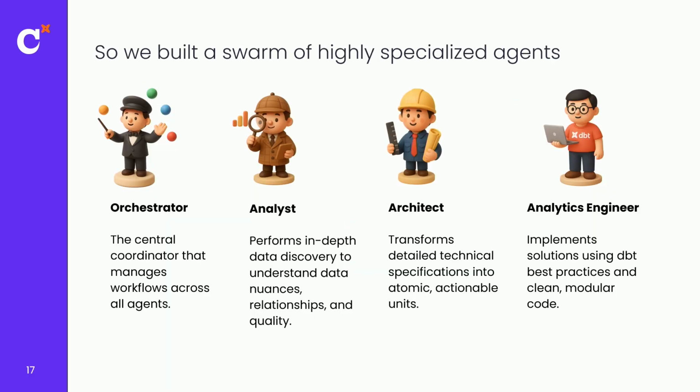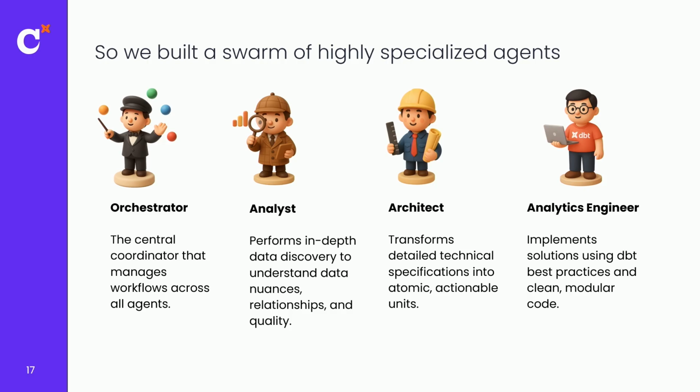And so we took it a step further, and we built out a swarm of highly specialized agents that mirror the roles on our team. So we have the orchestrator, who's kind of like the quarterback of this workflow. He manages the workflow between all of the other agents. We have the analyst, who does all those data discovery tasks that we have to do on every single project. So querying the raw data to understand the relationships, the nuances, the overall cleanliness of the data that we're about to work with.